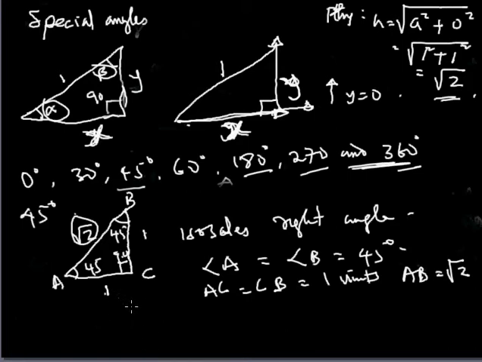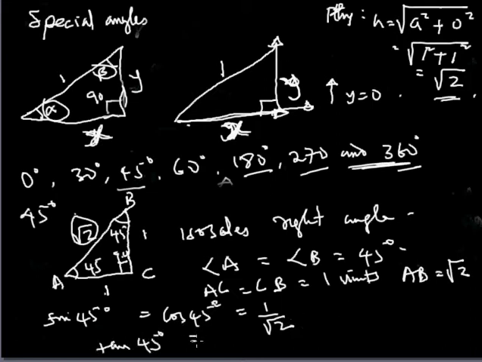So we now have that sine 45 degree is equal to cosine 45 degree, which is 1 over root 2, and tan 45 degrees is equal to 1.